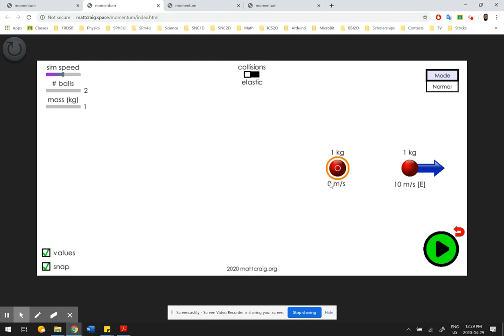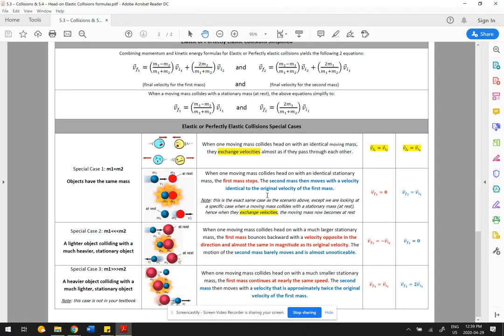Now object 1 becomes at rest, and all of that energy, all of that momentum is transferred over to object B, and object B now moves at 10 meters per second. So both case scenarios are the same, except this one is just a little bit more specific, where we're looking at an object that is at rest. So they're exchanging velocities.